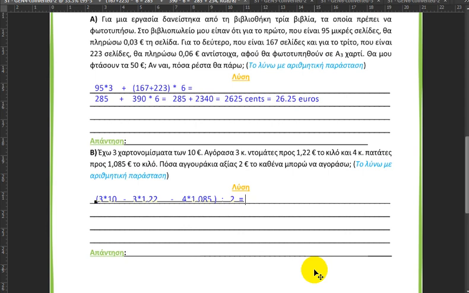So we get basically 30 minus 3.66 minus how much? 4.34.